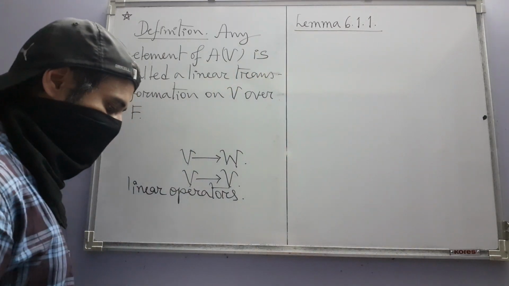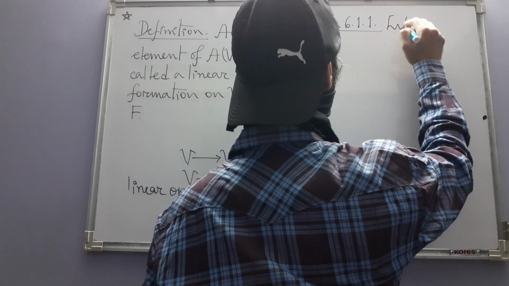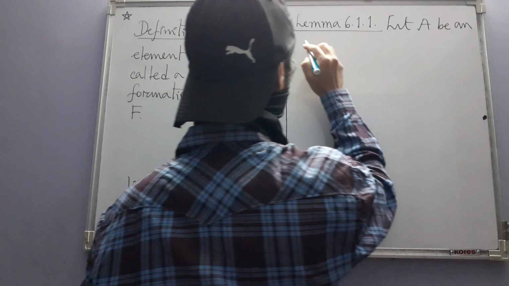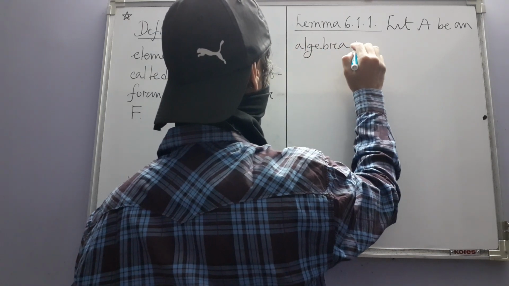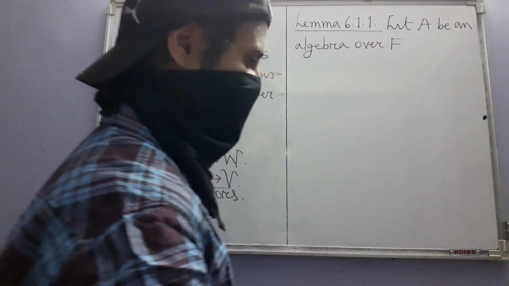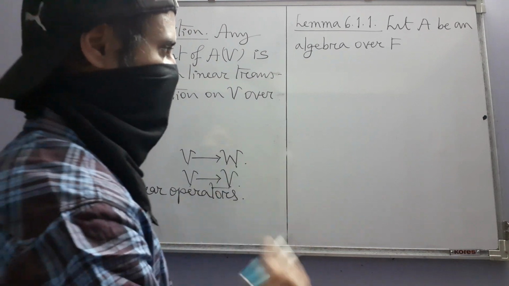So it goes like this. Let A be an algebra over F. When we write over F, it's understood that F is the underlying field, no need to separately write field.